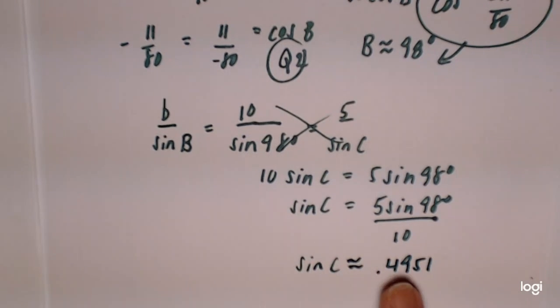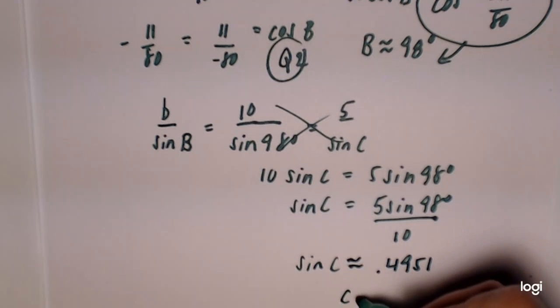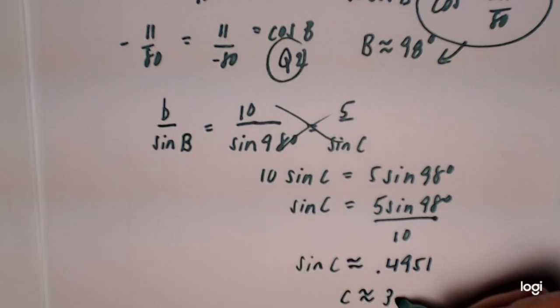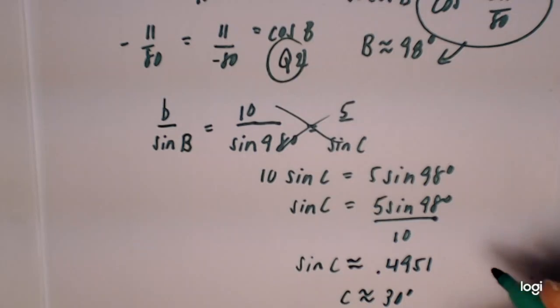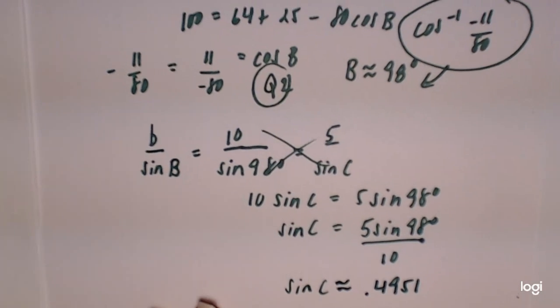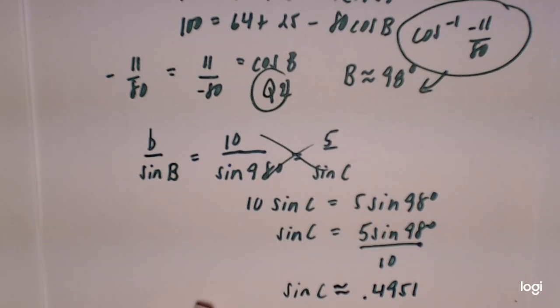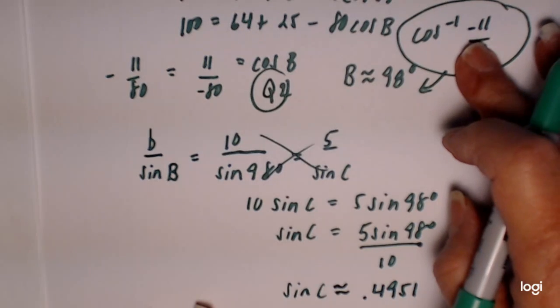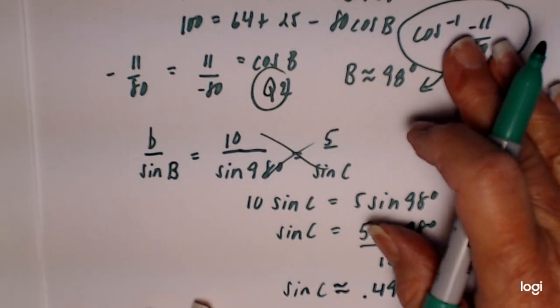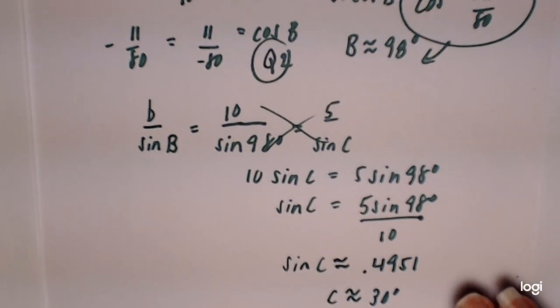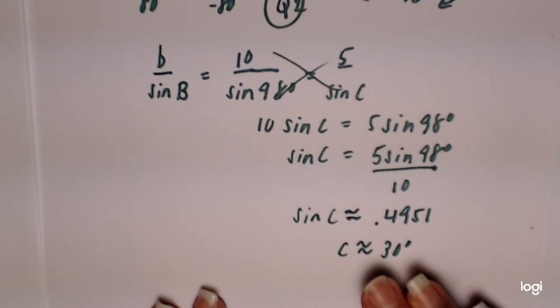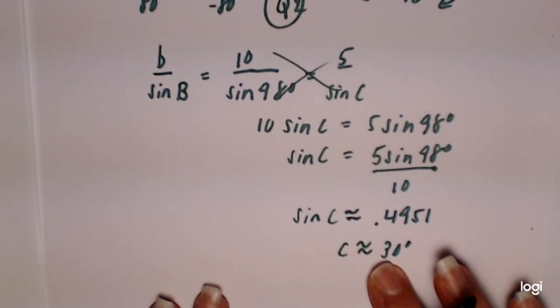Now when we do inverse sine, we get that angle C is approximately equal to 30 degrees. By the way, be careful with your inverse trig functions. Here we're using the law of cosines, so it's going to be inverse cos. Here, because we're using the law of sines, it's going to be the inverse sine function.